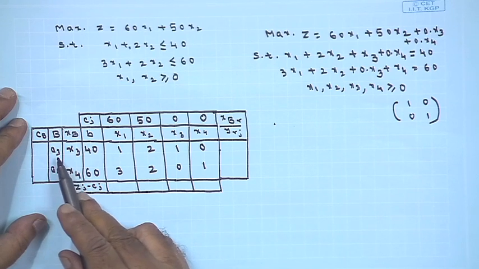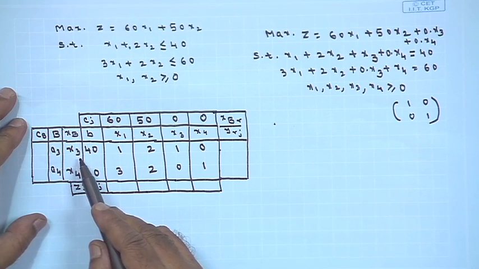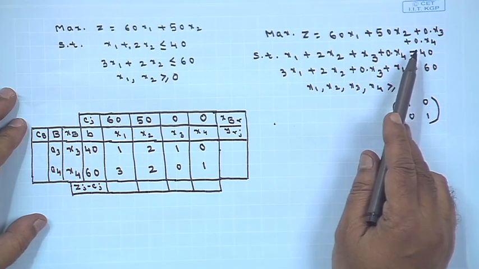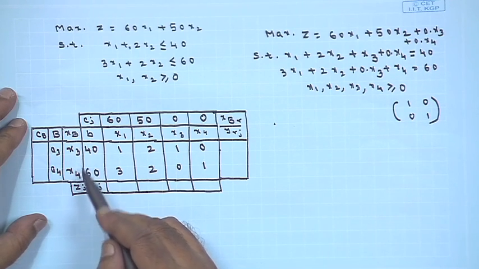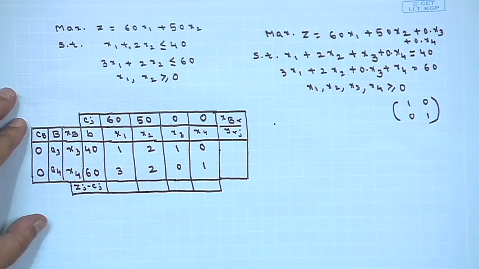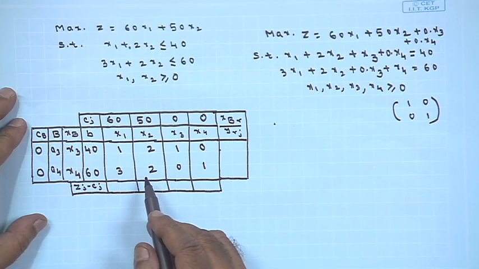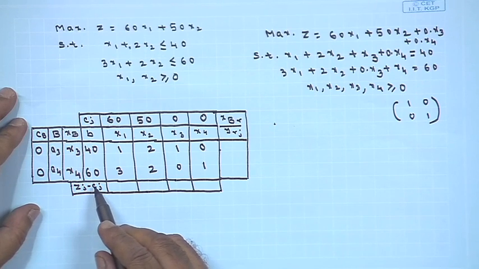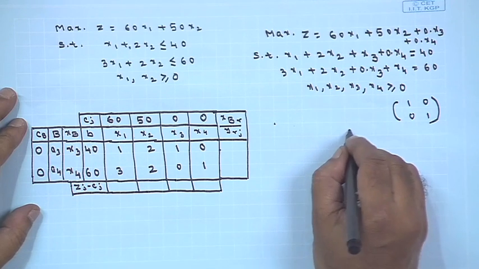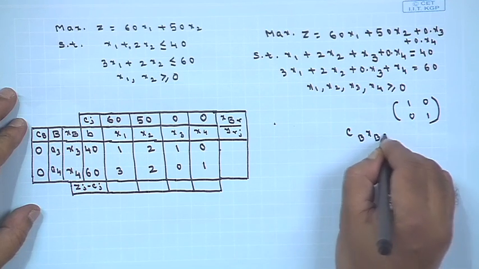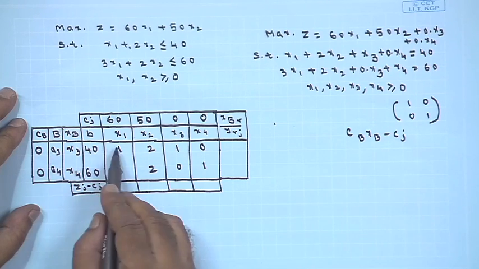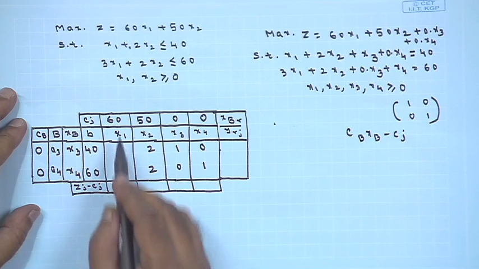For Cb, what is Cb? Cb is the coefficient of x3 and x4 in the cost function, that is this 0 and 0. So, these are the zeros. Now, you have to calculate the value of zj minus cj. zj minus cj is Cb xb minus cj, that is this into this: 0 into 1 plus 0 into 3 minus 60.